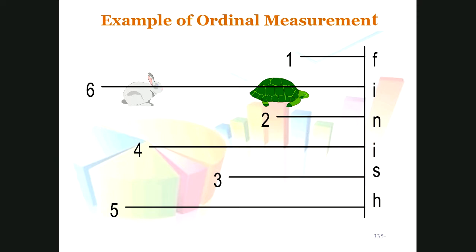And remember, what you can learn from ordinal data is not only the ranking based on whatever measurement you're looking at, but also you can look at the time, if that's what it's measured in, or you can look at it in terms of productivity from the example we did previously.